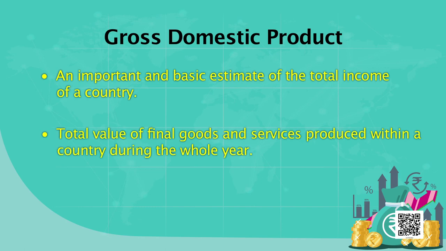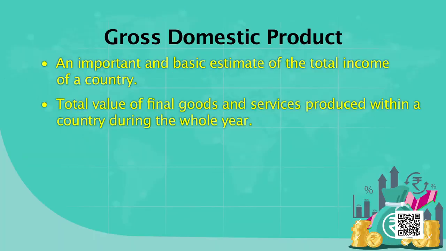Final goods means, what is this final good? I already told you, sugar before reaching the consumer. When at the point of the consumer, it is a final good. So the value of the final goods only is estimated to come to the concept of gross domestic product.